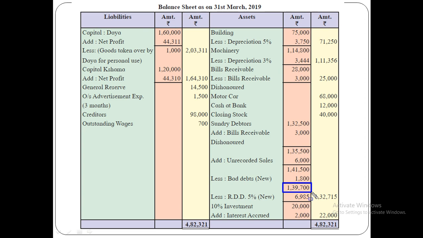So 5% of this figure we have to calculate, and we already calculated it here, that is 6,985. This figure is our new RDD, and we have to deduct this from the new debtors we have, that is 1,39,700. We are deducting 6,985 from that.